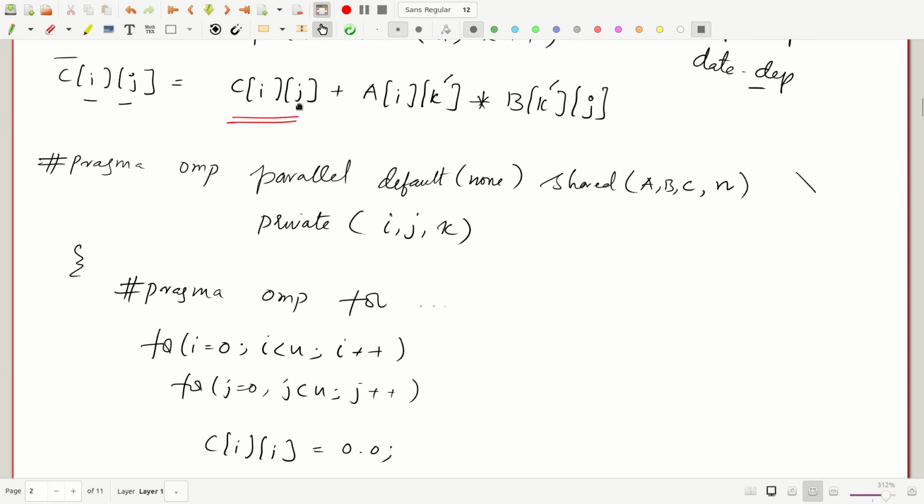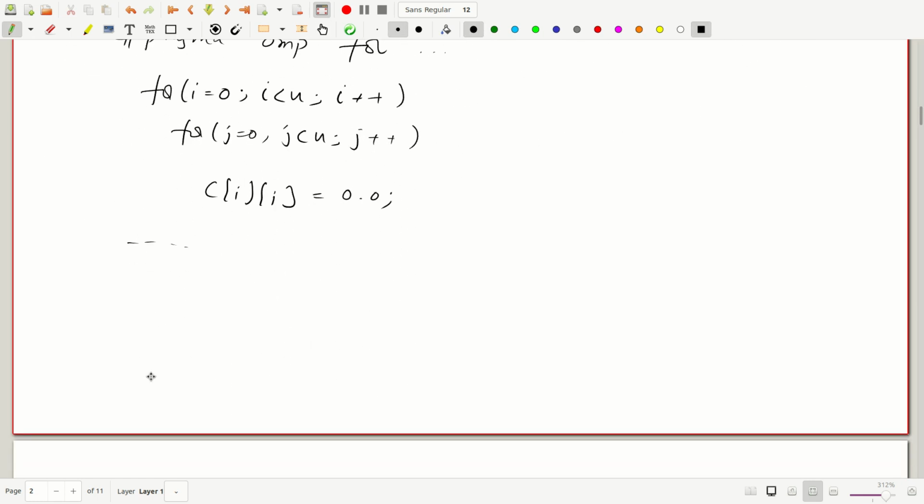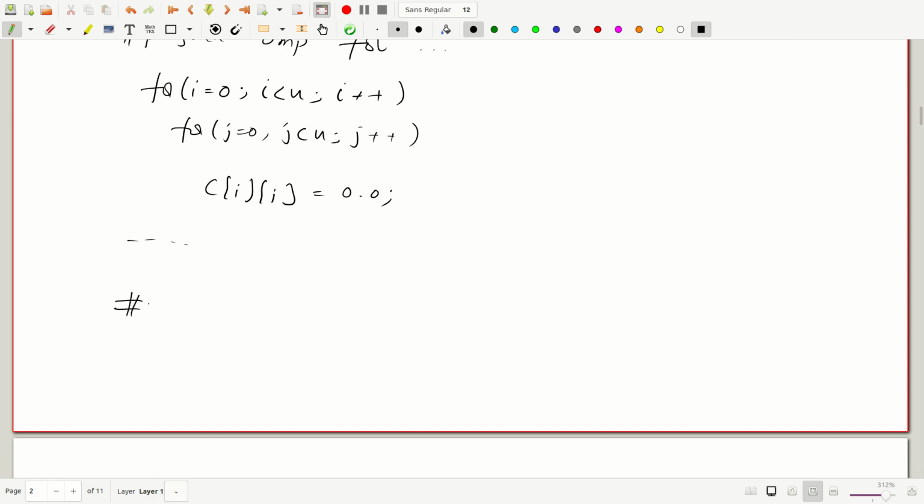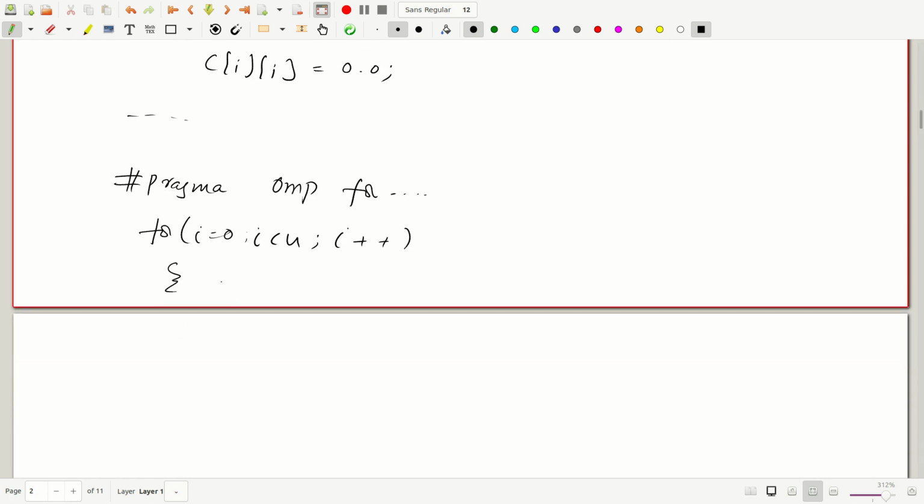That means now we can go about adding them. We have one loop which we would like to parallelize, the outermost for loop. So we have hash pragma OMP for, which is sufficient because we are already in the parallel block. Then for i equal to 0, i less than n, i plus plus. This is the loop that will be parallelized.